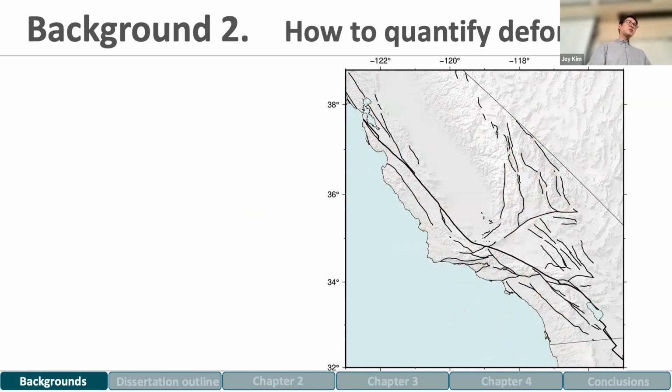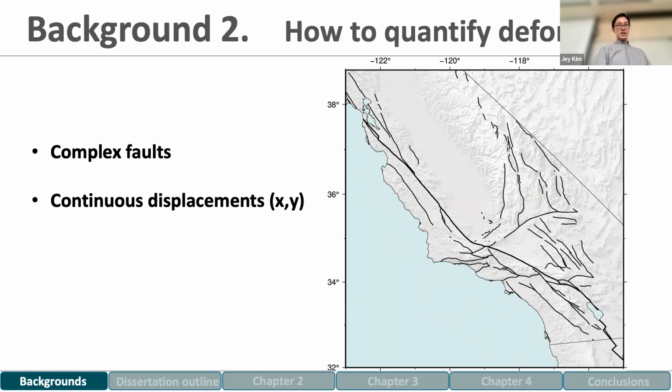Then my next question is, how do we quantify deformation for continental plate boundary zones? Because it involves a lot of very complicated faults. I plotted the major fault system here from USGS as well. I didn't plot minor faults or blind faults that have no surface traces, and we all know there are many unknown faults here, but it's already very complicated.